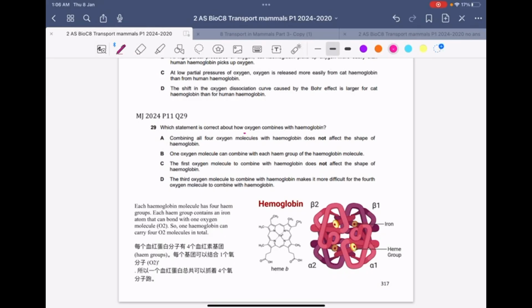How does oxygen combine with hemoglobin? The answer is B. One oxygen molecule can combine with each heme group of a hemoglobin molecule, because one hemoglobin molecule has about 4 heme groups. Each heme group contains an iron atom, which is this Fe2+ iron atom, okay?